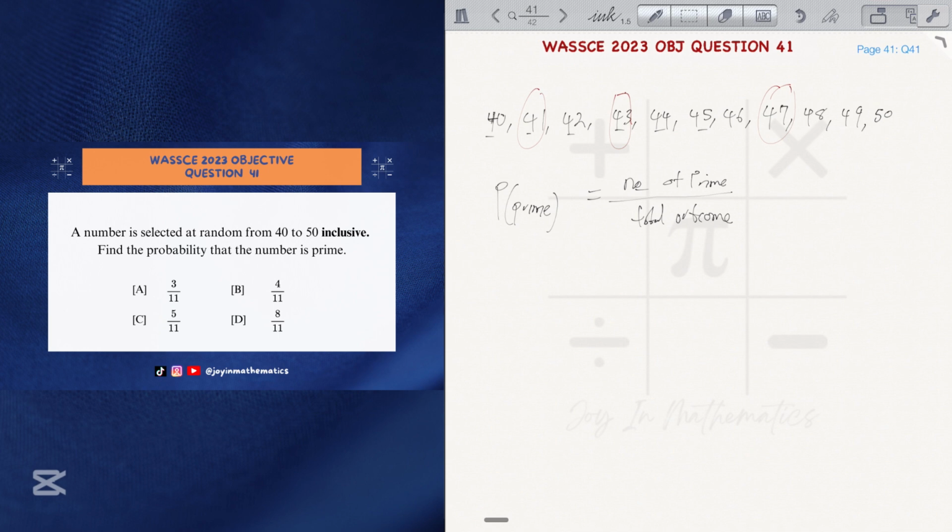So we have 11 outcomes. So the probability of prime equals 3 over 11, simple as ABC, which is equivalent to option A.